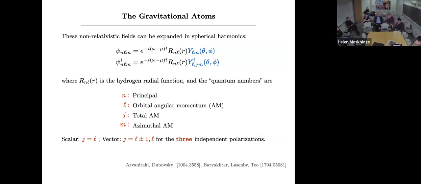In addition, these solutions are governed by a set of quantum numbers, N, L, J, and M, where N is the principal number that tells you the overtone structure, or rather, how far the peak of the radial field is from the center of the gravitational atom. L is the orbital angular momentum number, J the total angular momentum number, and M is the azimuthal number. For a scalar field, J and L are the same because there's no intrinsic spin, but for a vector field, there are three independent polarizations which relate J and L in the following manner.